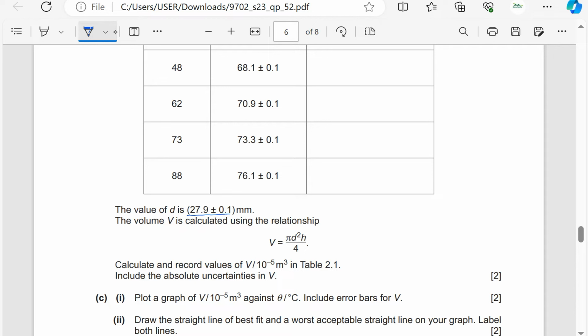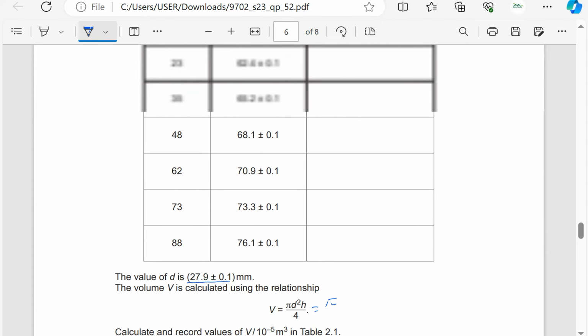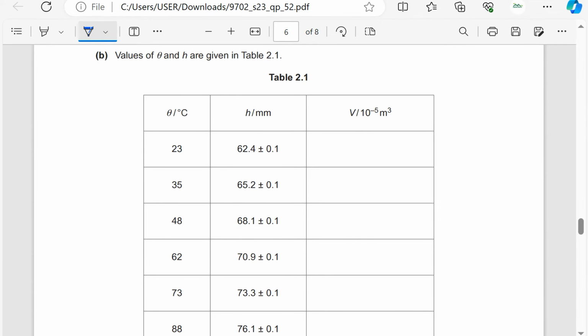Let me check the units. V is in meters cubed, so I have to change this.